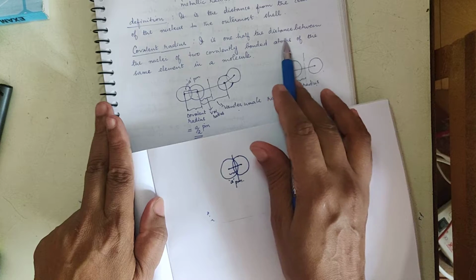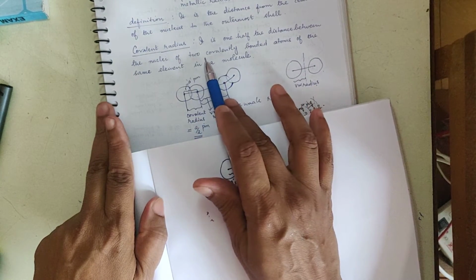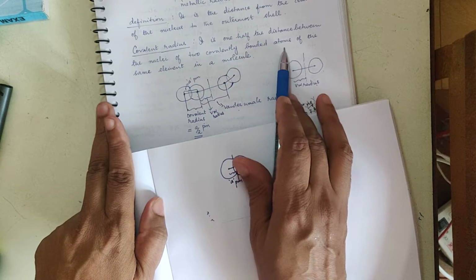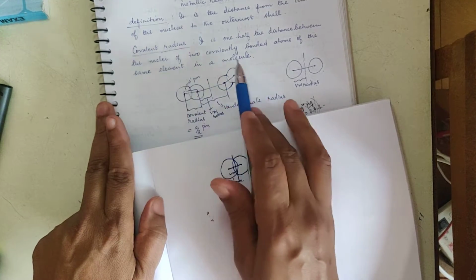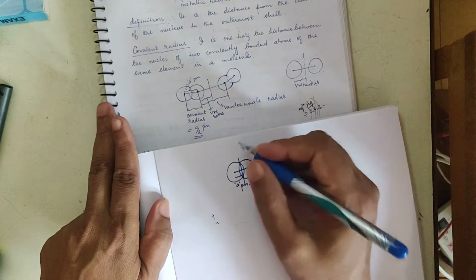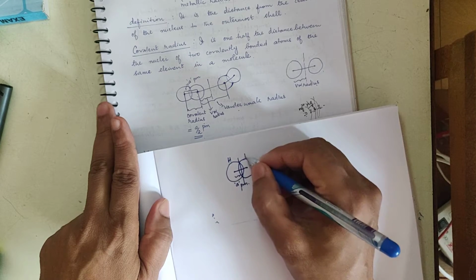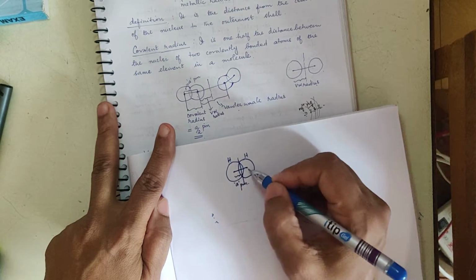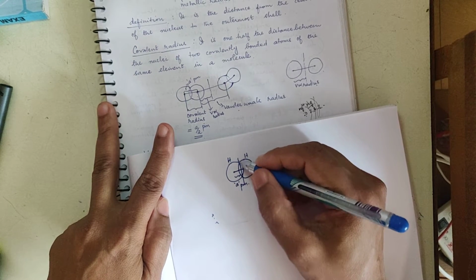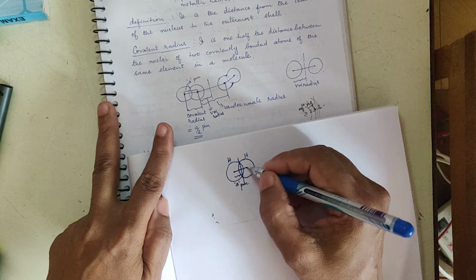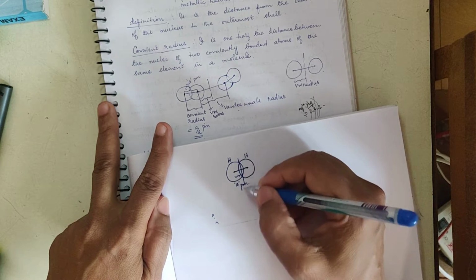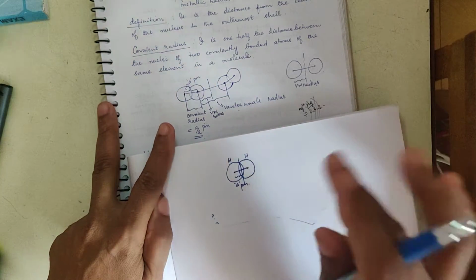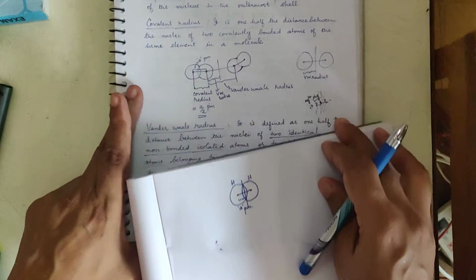It is 1/2 the distance between the nuclei of two covalently bonded atoms of the same element in a molecule. For example, this is one hydrogen, this is another hydrogen. Now the nuclei of the two hydrogen atoms are joined, and 1/2 the distance between the two nuclei is nothing but covalent radius. This is called covalent radius.